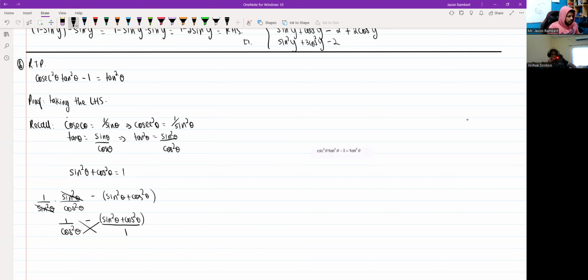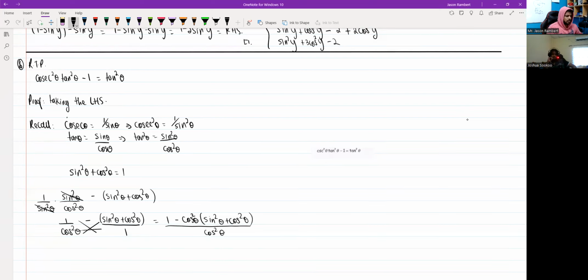You attempted to do this, correct? You would have gotten 1 minus cosine squared theta into sine squared theta plus cosine squared theta all over cosine squared theta. But here I'll end up with a cosine to the power 4 theta, which is kind of unwieldy.